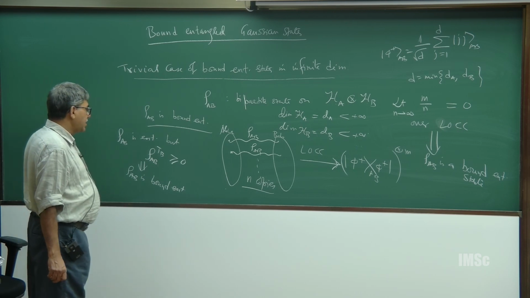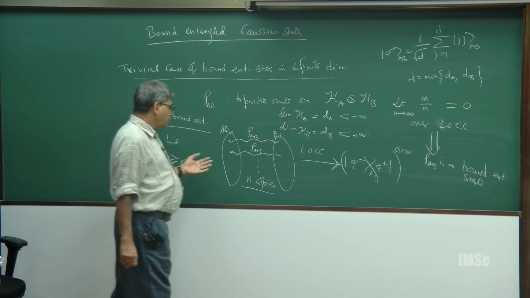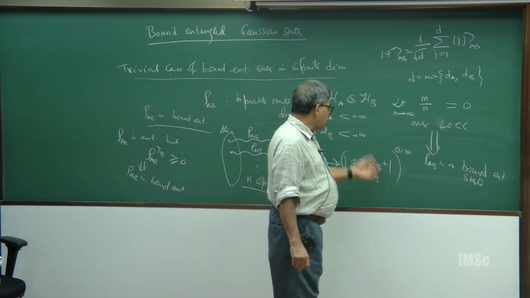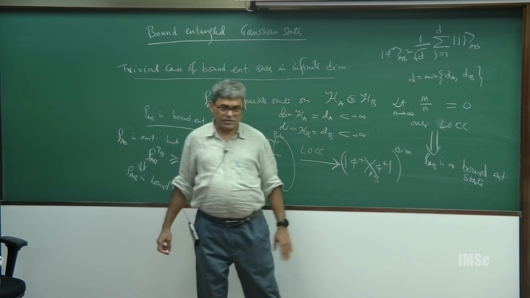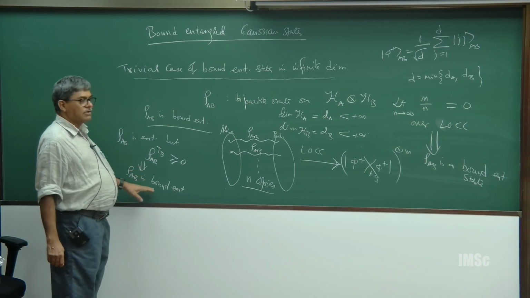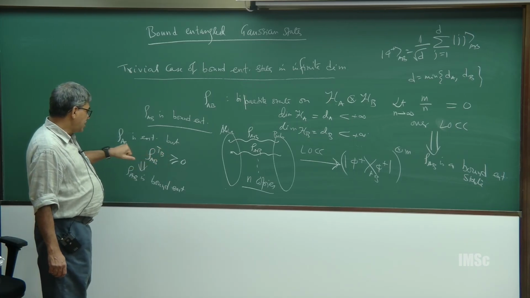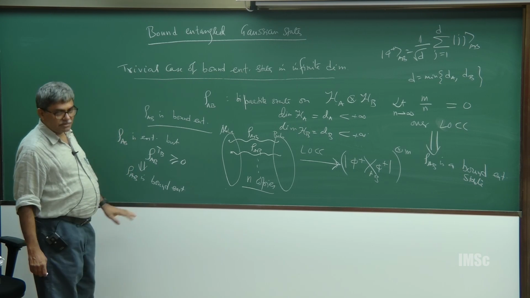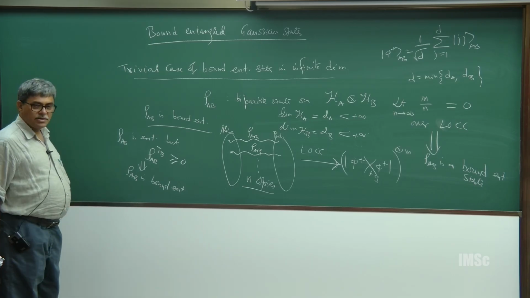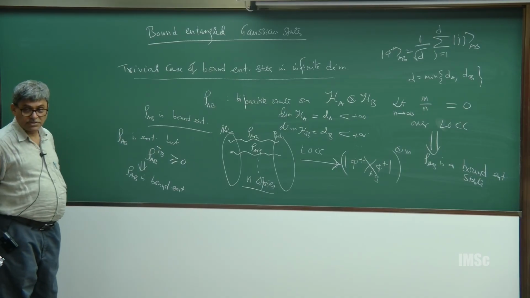Why? Because in this case, if you try to apply such a process, you cannot generate even an iota of this maximally entangled state by LOCC. Okay. So, even though it is entangled, you cannot distill anything out of it. So, any entangled state having positive partial transposition is a bound entangled state by definition. Okay. One can also prove this rigorously, in any dimension.